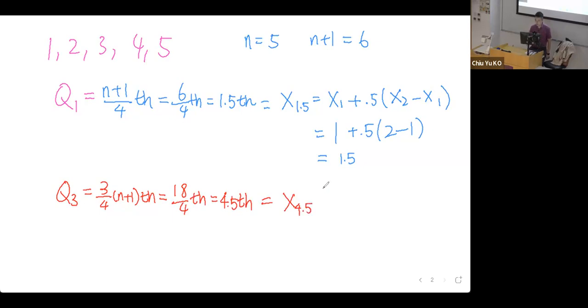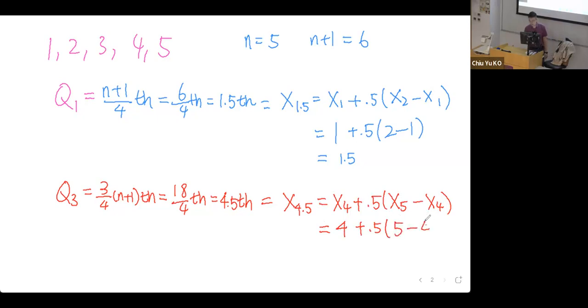What is 4.5? You start from 4 and go halfway between 4 and 5. So we take x4 plus halfway between 4 and 5. In this example, x4, the fourth data point, is 4, and the fifth data point is 5.